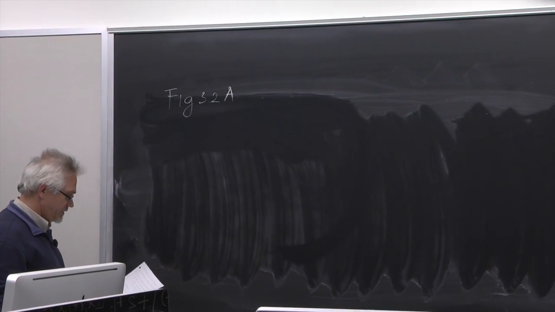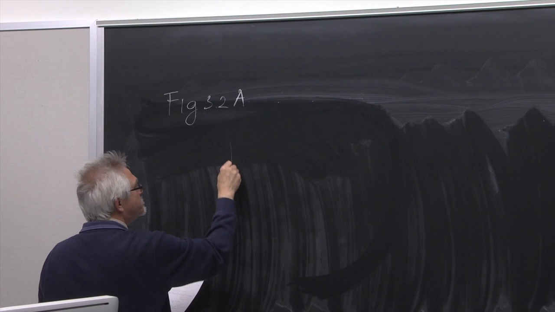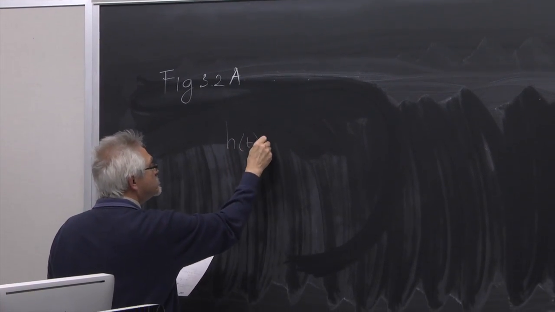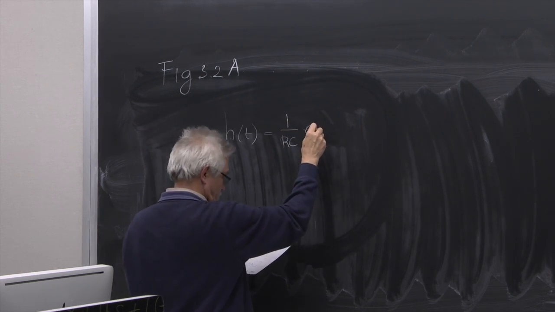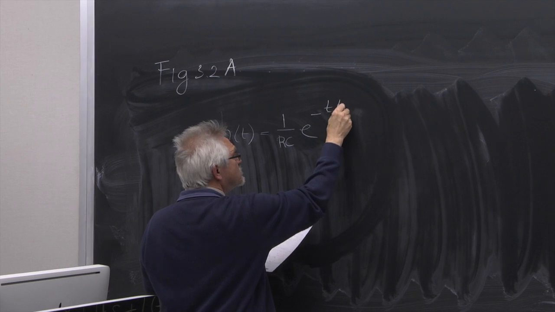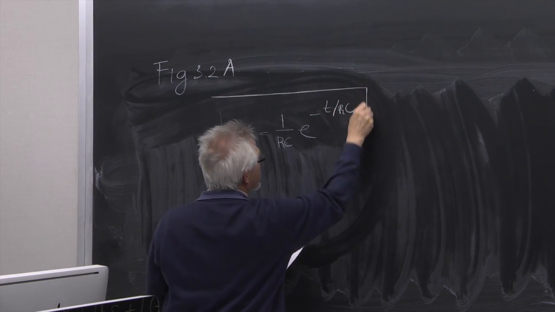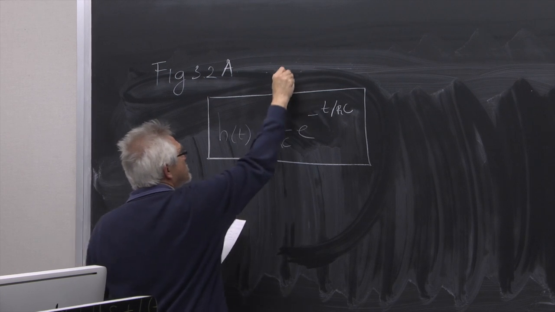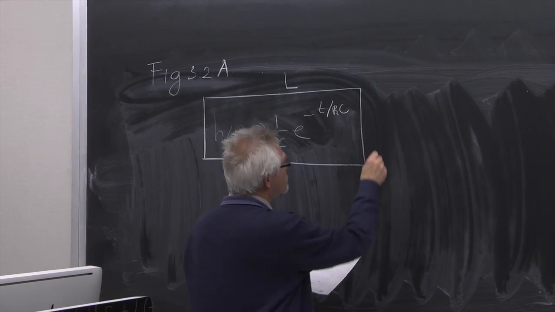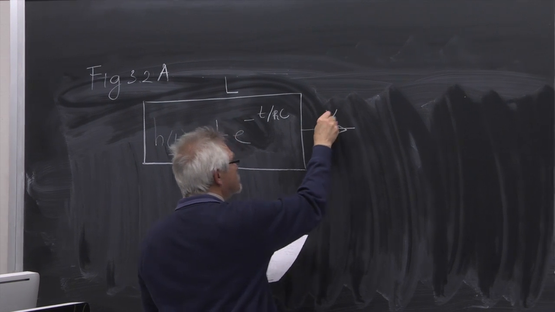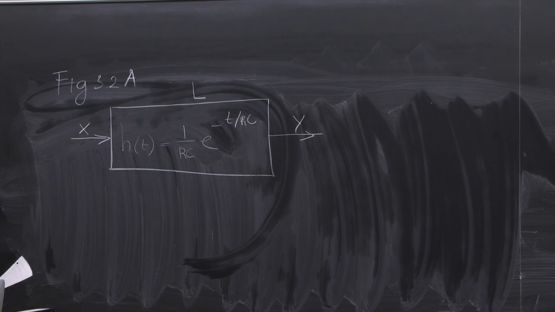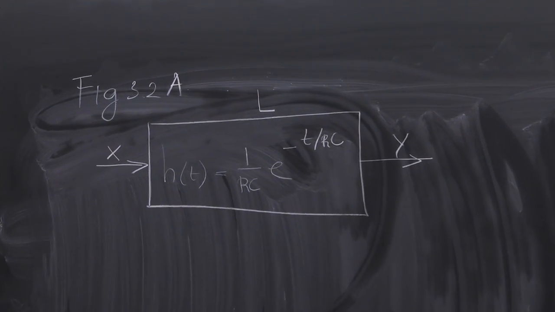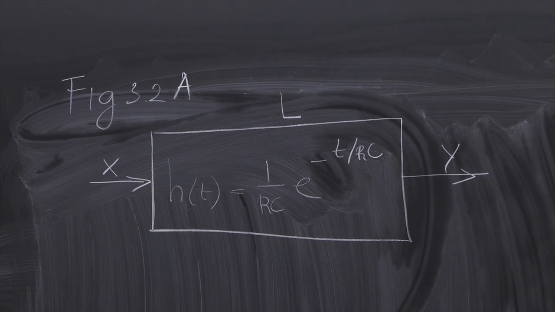And it's kind of a cascade again, consisting of a linear component, and that linear component may look a little bit familiar, because this was our low-pass filter.